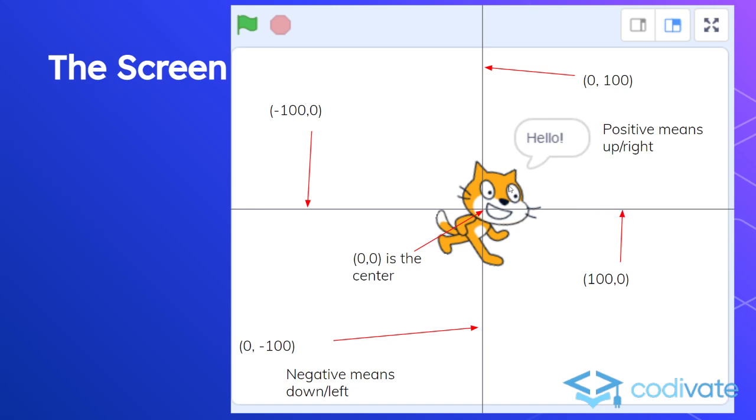You would just stay there. Similarly, 0, 100 is staying nowhere left and right, and going up 100. The other 2 points, negative 100, 0, and 0, negative 100, are the same thing, except instead of right, it's left, and instead of up, it's down. The negative simply means the other direction.